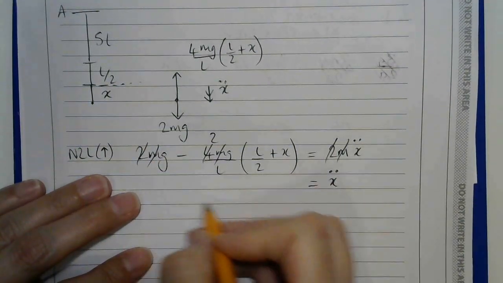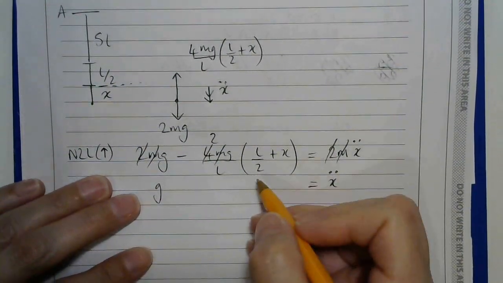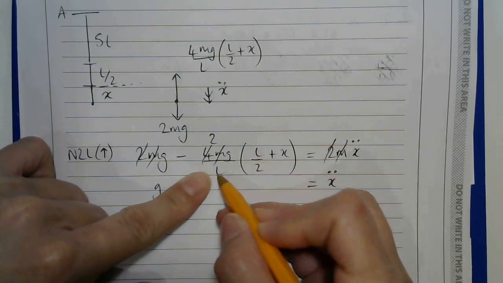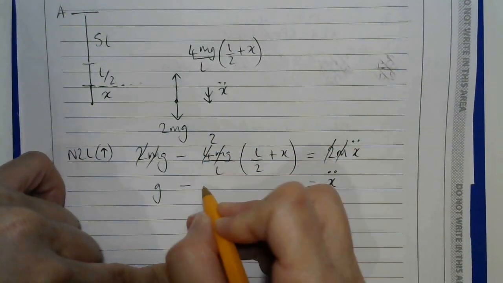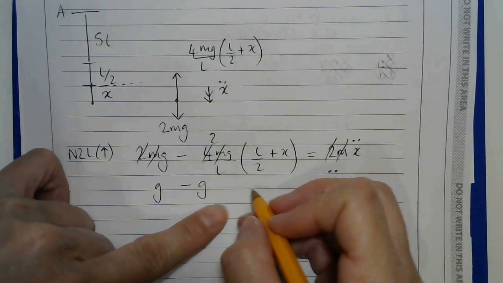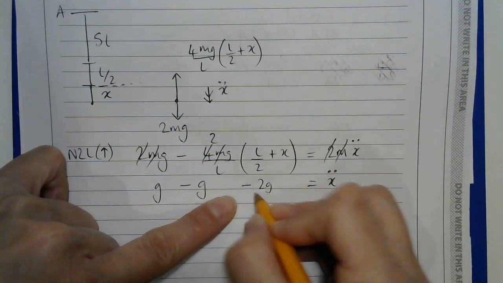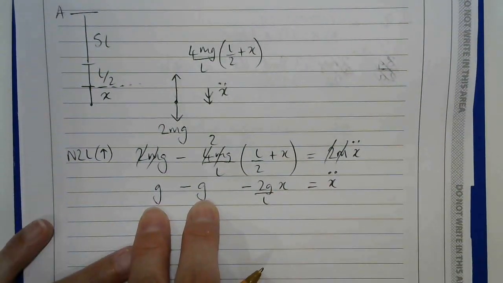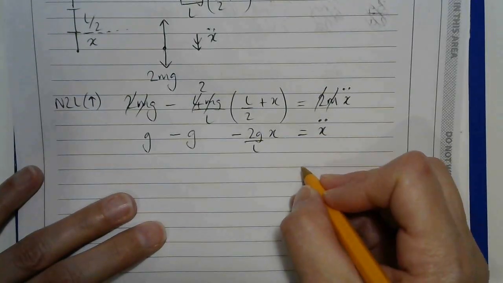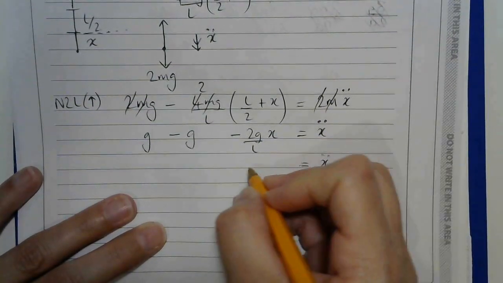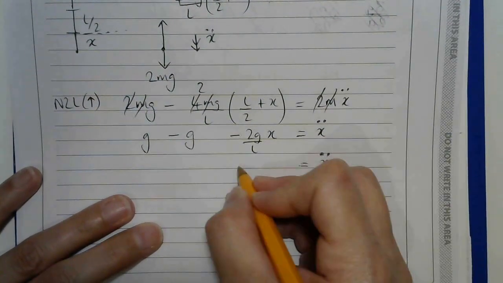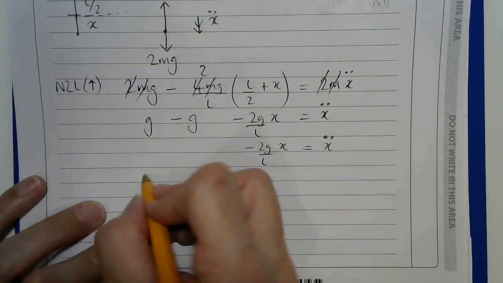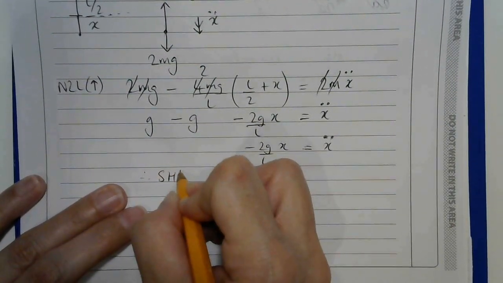So here I get g. Here I've got 2g over L multiplied by L over 2. The L's will cancel, the 2's will cancel, and I'll be left with negative g. Then I get minus 2g over L multiplied by x. So this part will cancel out, and I'll be left with just this. Therefore I've proved simple harmonic motion.